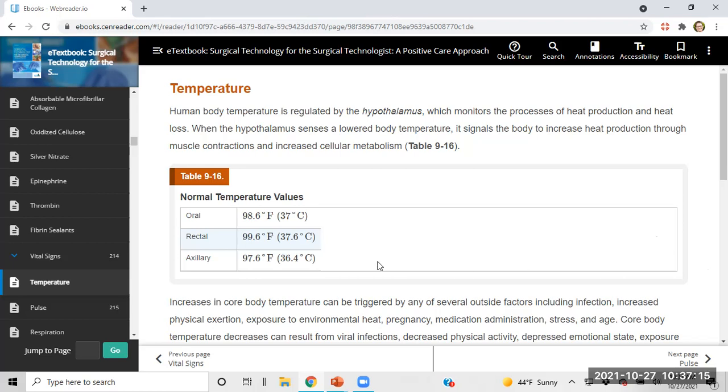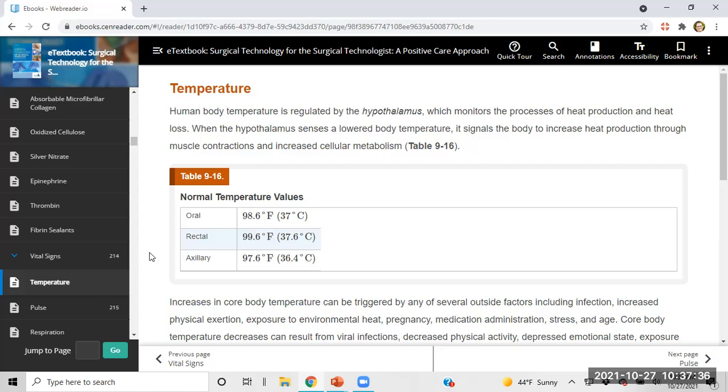Okay, here is the temperature that we're looking at. This is the normal body temperature that we're going to be monitoring. If it's an oral probe, 98.6 is the average in that range. And then rectal is going to be 99.6 and axillary 97.6.